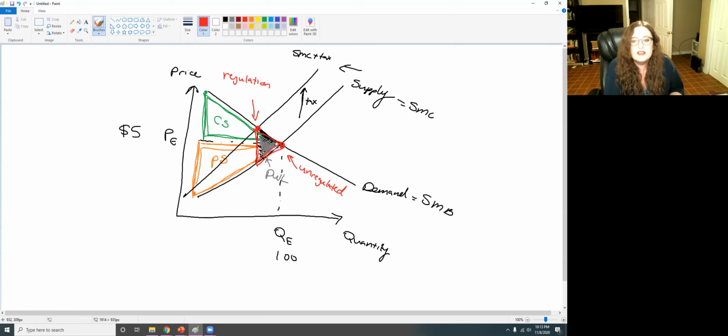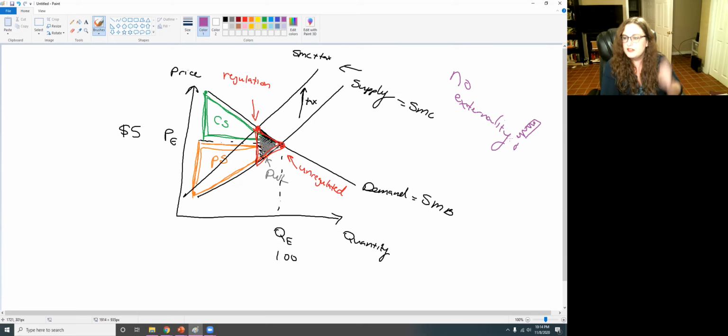Now, this is a little different from what we saw in externalities, right? Because in externalities, the unregulated market was the inefficient one, while the regulated market was when we were trying to correct for the externality to get us back to the social marginal benefit equals social marginal cost. Here, our unregulated market is where social marginal benefit already equals social marginal cost, because we have no externality.